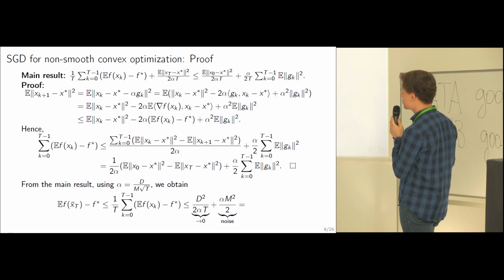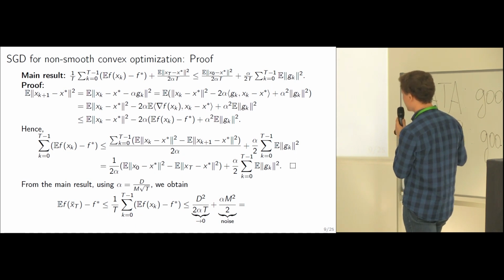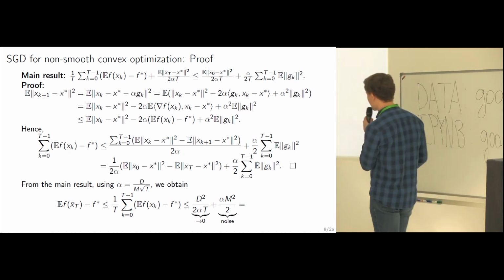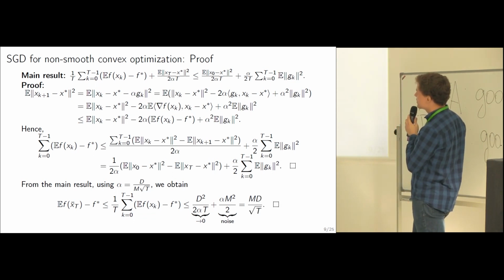So we need this term to be equal to this term, because if this term is small, this will be very big. When this is small, this will, okay, you understand. So when we choose this alpha, which balances these two things, we obtain this, and it turns out that the best alpha should be proportional to the square root of t. That's why we obtain this square root of t dependency.